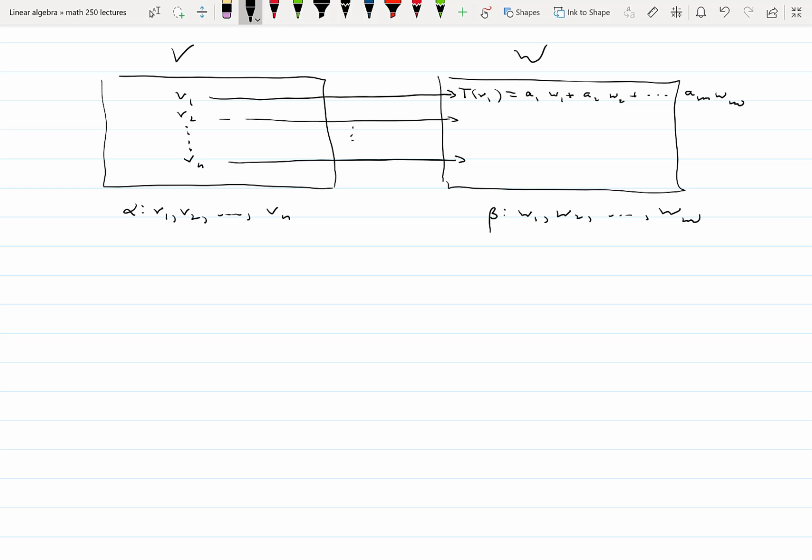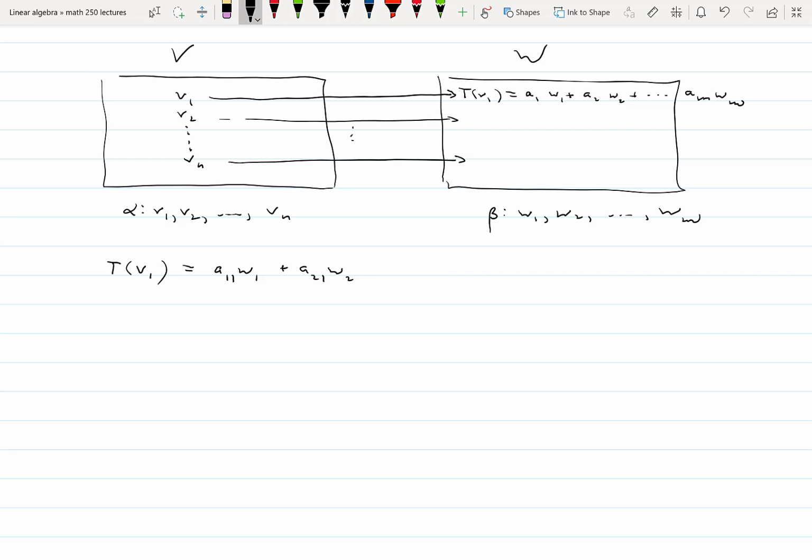Okay, let's see what the linear transformation does to the vector V1. It turns it into T of V1, and then we're going to write that in terms of the basis vectors where that T of V1 lies. It lies in W now. So we're going to make it A1 W1, but not just A1 W1, it's going to be A11 W1 because we're talking about V1, plus A2 W2, but A21 W2.